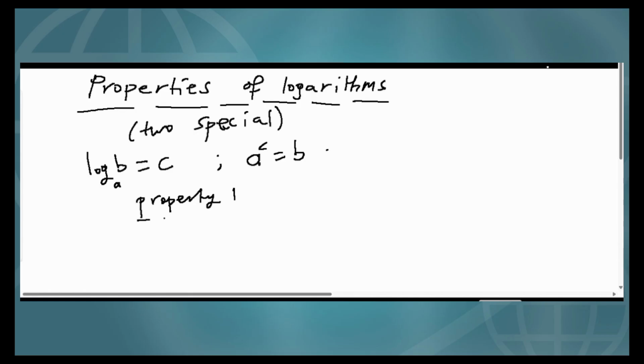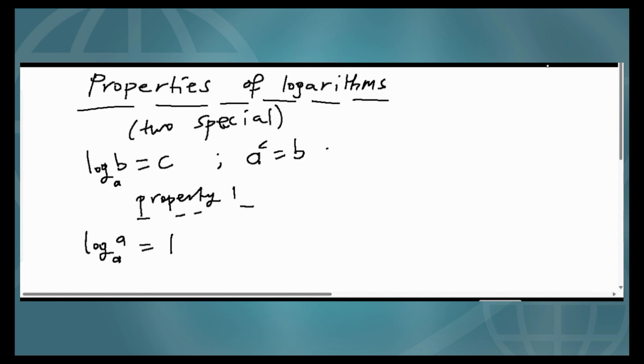Okay, so knowing this, looking at the special property that we're talking about, property 1. Property 1 says that log a base a is equal to 1.